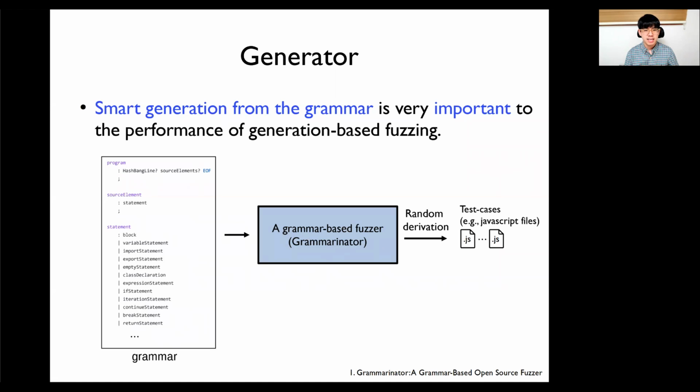This grammar is quite complex and consists of hundreds of lines. And my question is, how many useful JavaScript files can this grammar-based fuzzer successfully generate from this grammar through random derivations? Can you guess the percentage of useful JavaScript files?